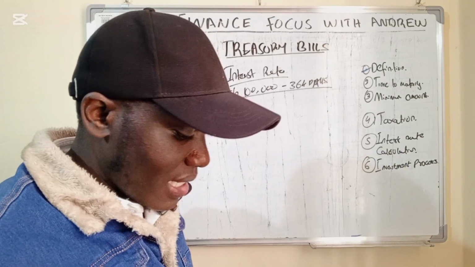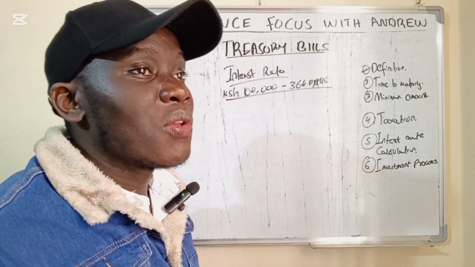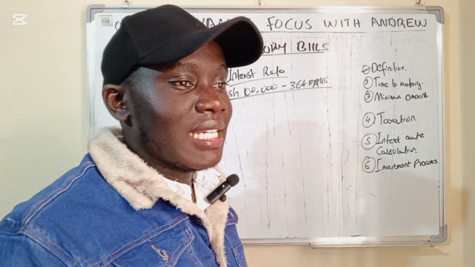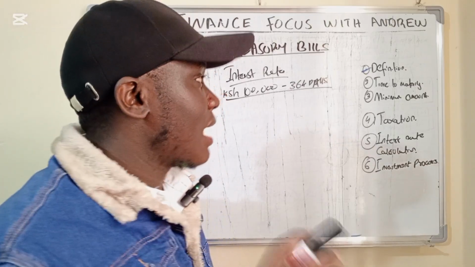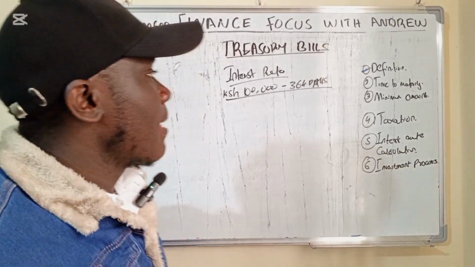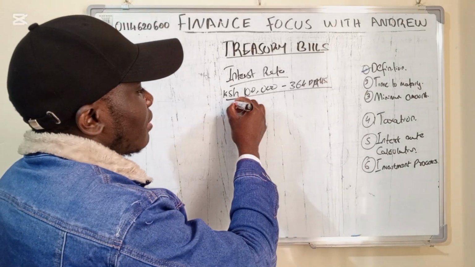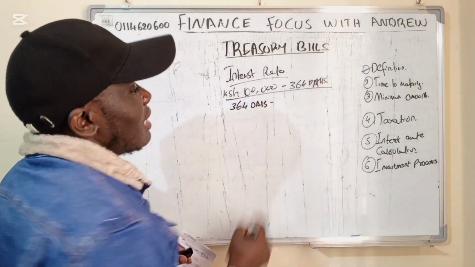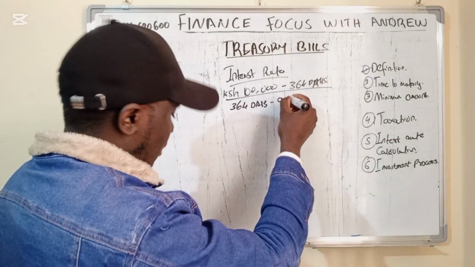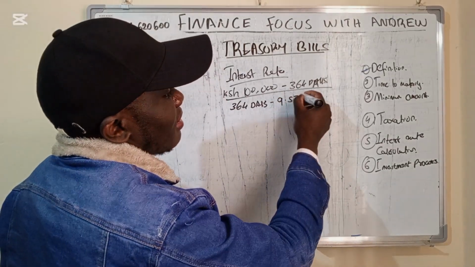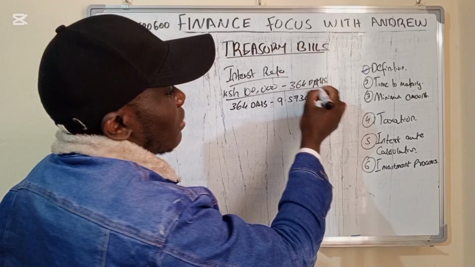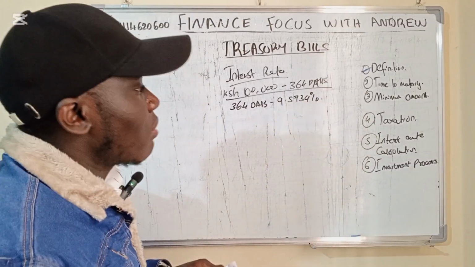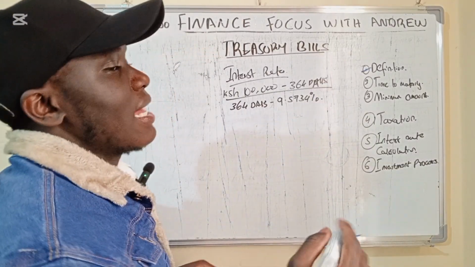That is the 1 year treasury bill, and we will use the latest interest rate. That is last week's interest rate, which was for 364 days. The interest rate was 9.5734%. So this is the interest rate, and I want to invest 100,000.